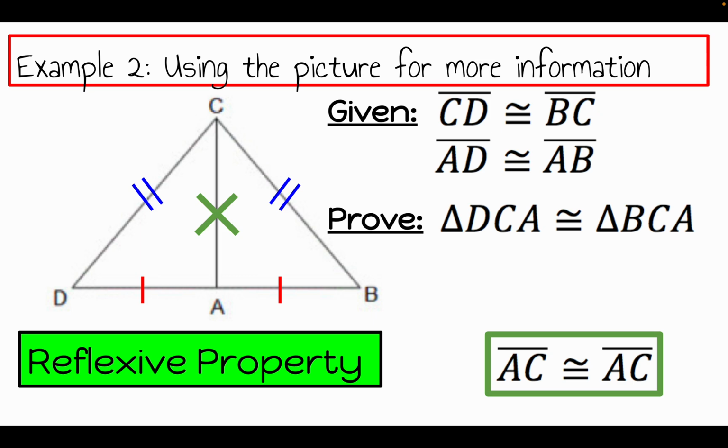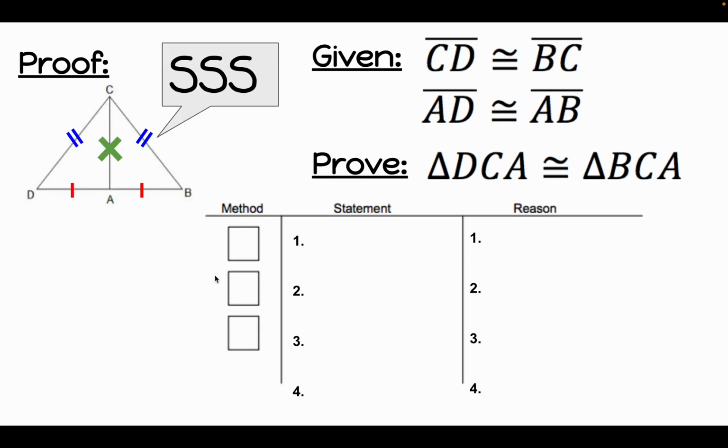So, let's use the reflexive property in this next proof. Here we see that it is side, side, side. It has a shared side. So I'm going to use my compass, SSS, my triangle congruence on the side. Since these are all sides, my statement needs to have congruent sides.